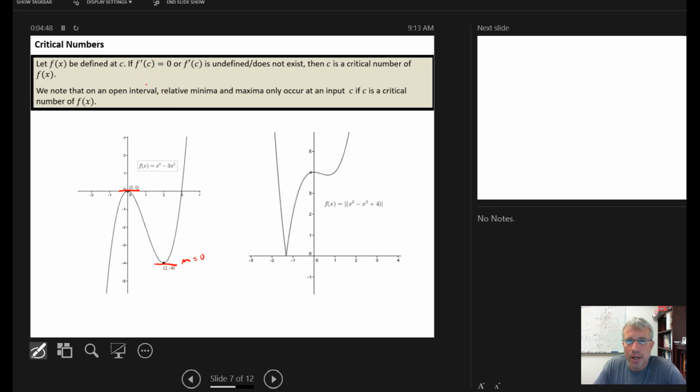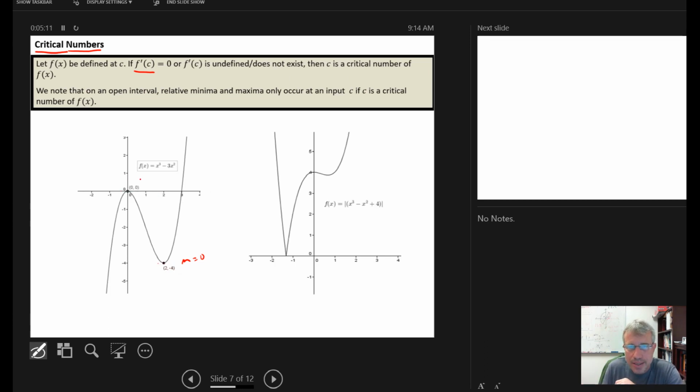And because the derivative tells me the slope of the tangent lines, I know that the derivative of f is 0 right there. So the places where you get the x or input values that generate relative minimums or maximums on a graph are the critical numbers of the graph.